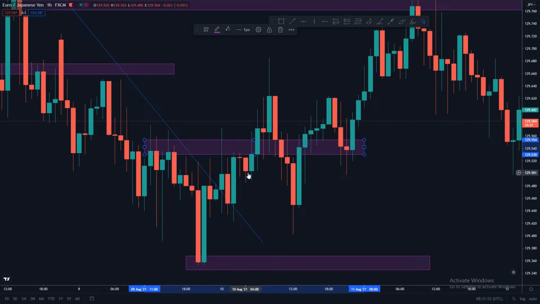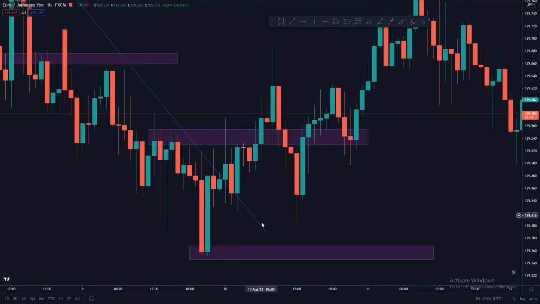If you are going up, it is the last red candle; if you're going down, it is the last green candle.